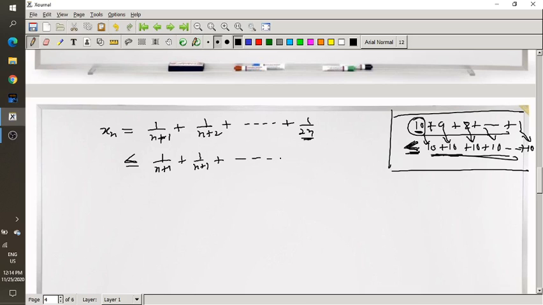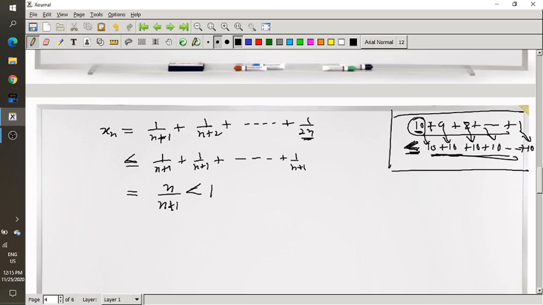So this is 1/(n+1). Now how many terms are there? These are n terms. So I have added 1/(n+1) n times. So that will be n/(n+1). And this term is strictly less than 1, because the numerator is small and the denominator is large.